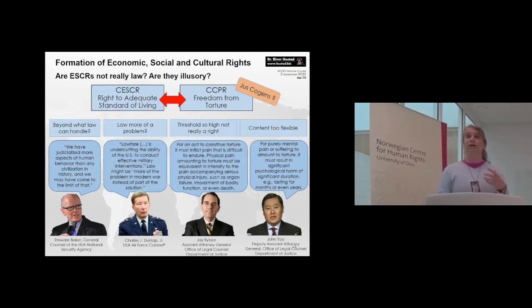And so torture, which a fundamental, unquestionable right, some say is jus cogens, even that was attacked on the same basis. So the difference between the rights is really illusory. There's not any real difference. They both are subject to the same criticisms and have the same challenges.